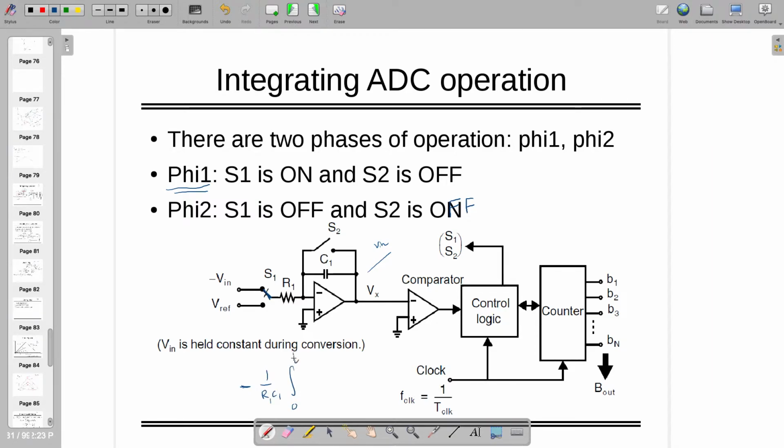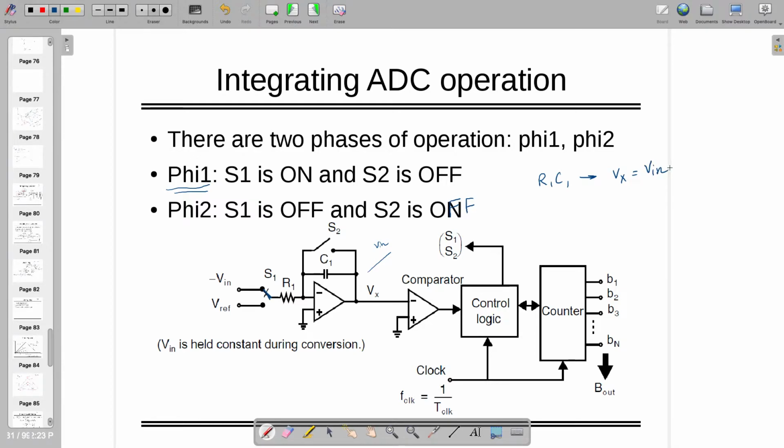Going from, let's say, 0 to T, you're going to have minus V in. So this way you can integrate it at the first instance. Vx will reach V in after the RC time constant. This is the meaning of this, right? After R1 C1 times, Vx is equal to V in.